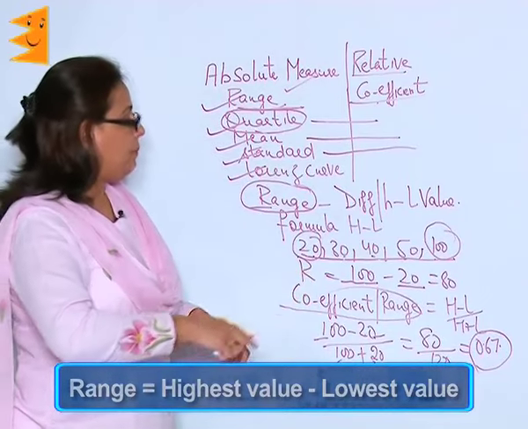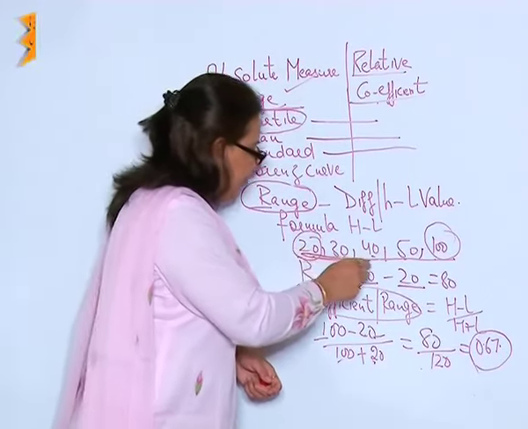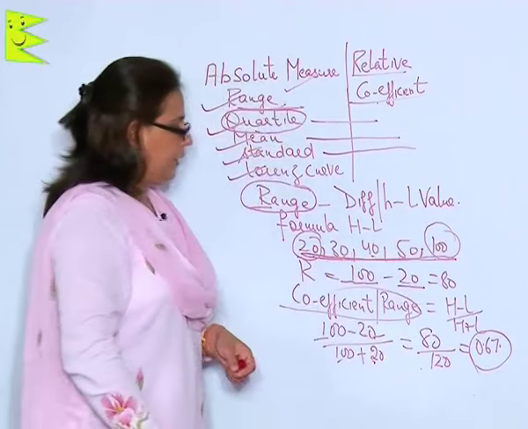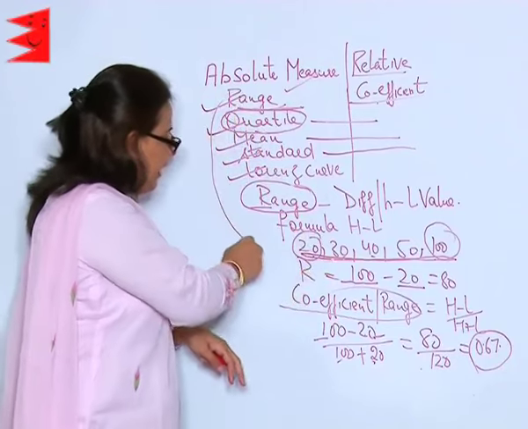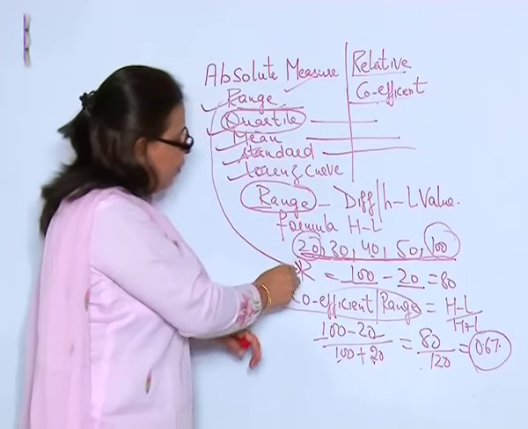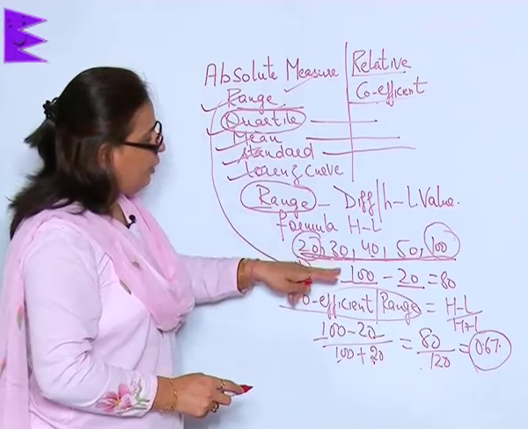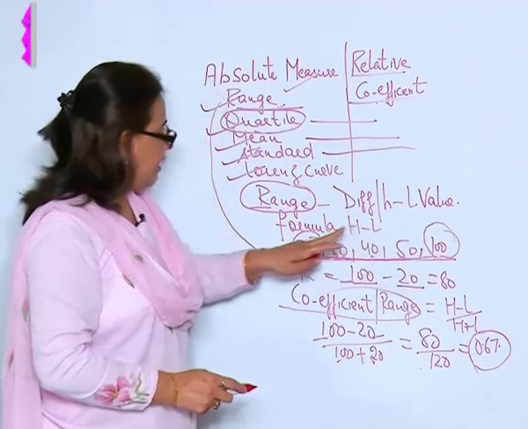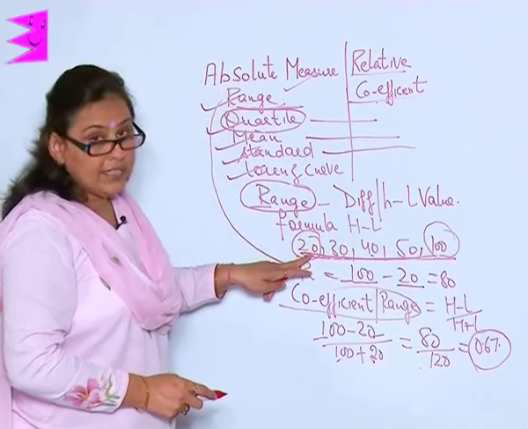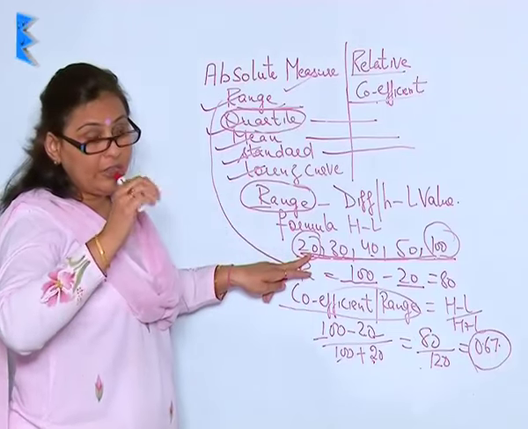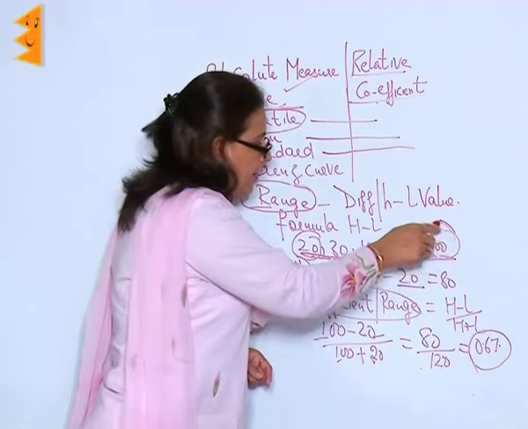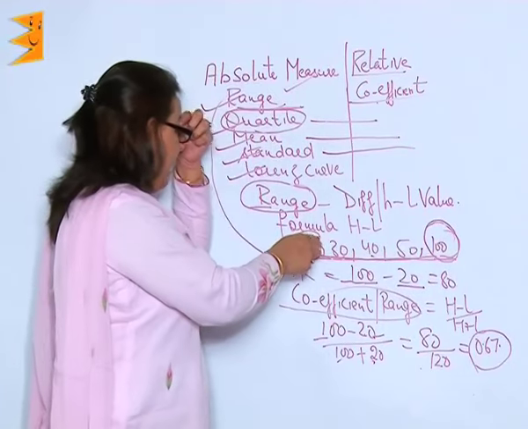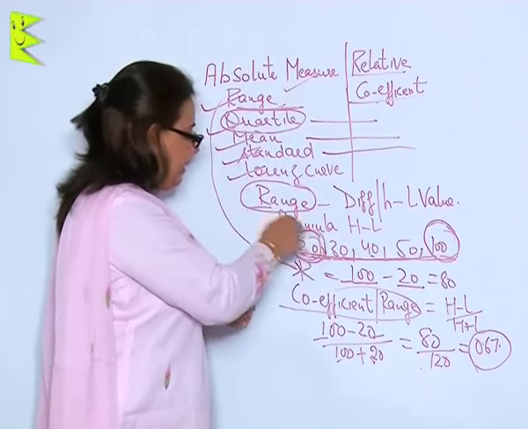Now I have taken a series, say 20, 30, 40, 50 and 100. To find the range of this series, I find which is the highest and which is the lowest value: 100 is the highest value and 20 is the lowest value.